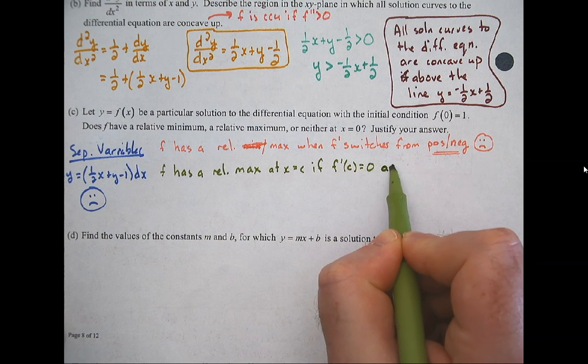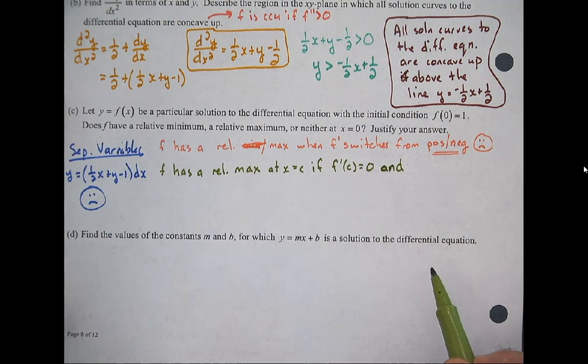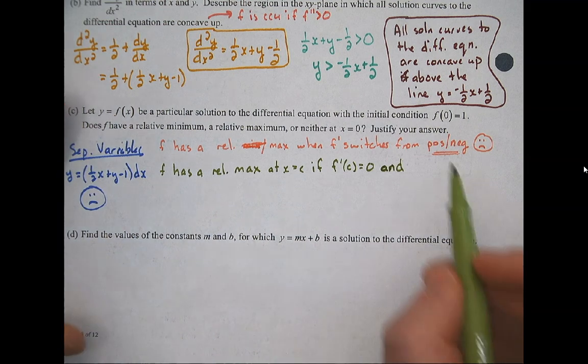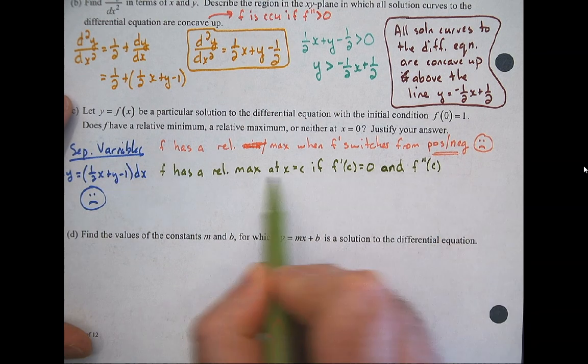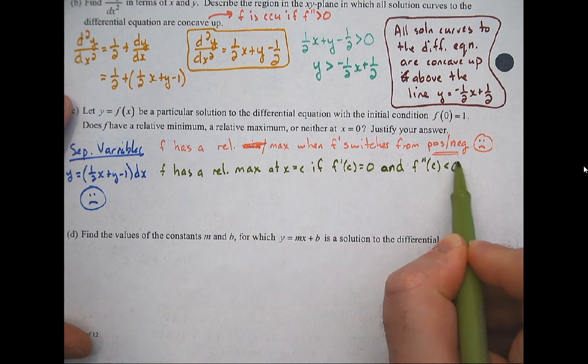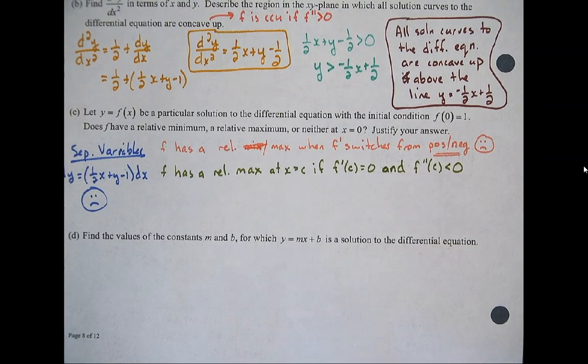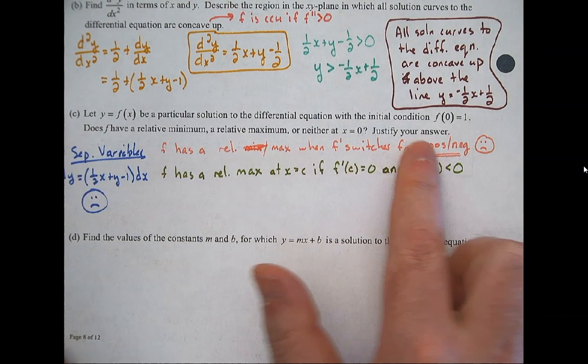And, I should say and, not or, what else has to be true? Well, this was that second derivative test that we didn't really use all that much. And f double prime at that place has to be, so if it's a max, it has to be less than 0.